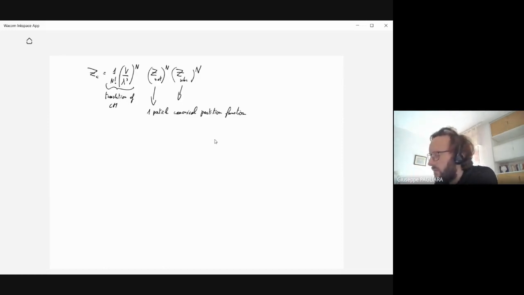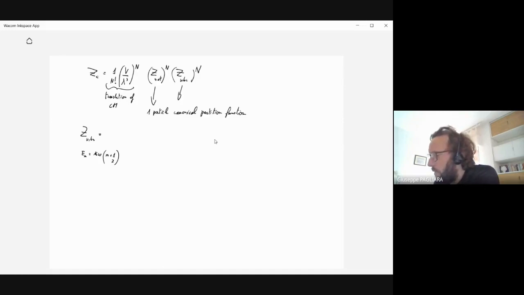Now let us consider first the vibrational canonical partition function associated with one particle. Now this will be equal to, consider that the energy of a harmonic oscillator is quantized as follows.